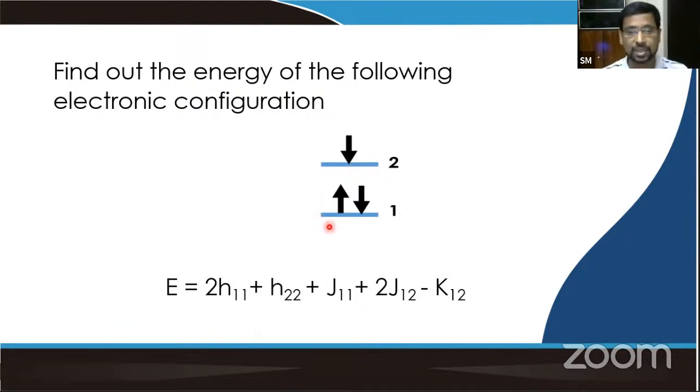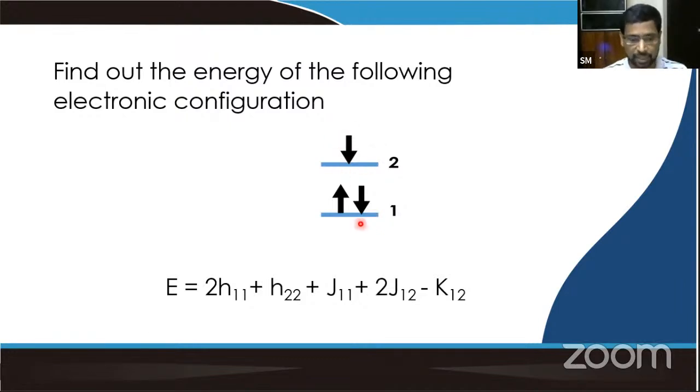But in this course, we learned that when we have electrons occupying certain orbitals, what contribution do these electrons make to the overall energy? For example, if we have an electronic configuration where there are two molecular orbitals, orbital 1 which is doubly occupied and orbital 2 which is singly occupied.